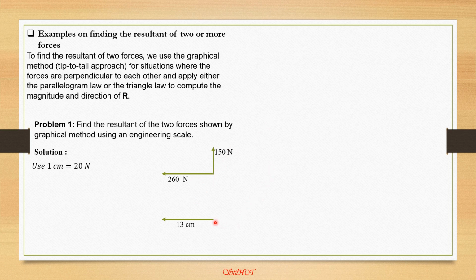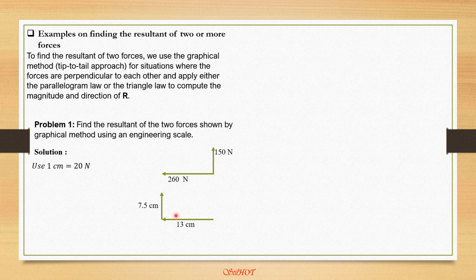So we draw a horizontal line going to the left, which measures 13 cm, and a vertical line, using your drawing instruments of course, to definitely erect a line perpendicular to the first, and it measures 7.5 cm. So as mentioned earlier, we have to arrange the forces into the tip-to-tail method.